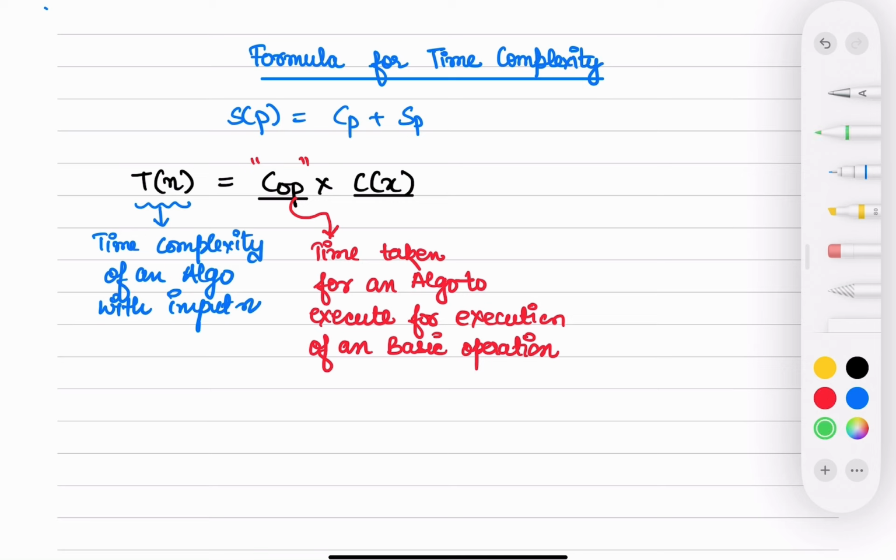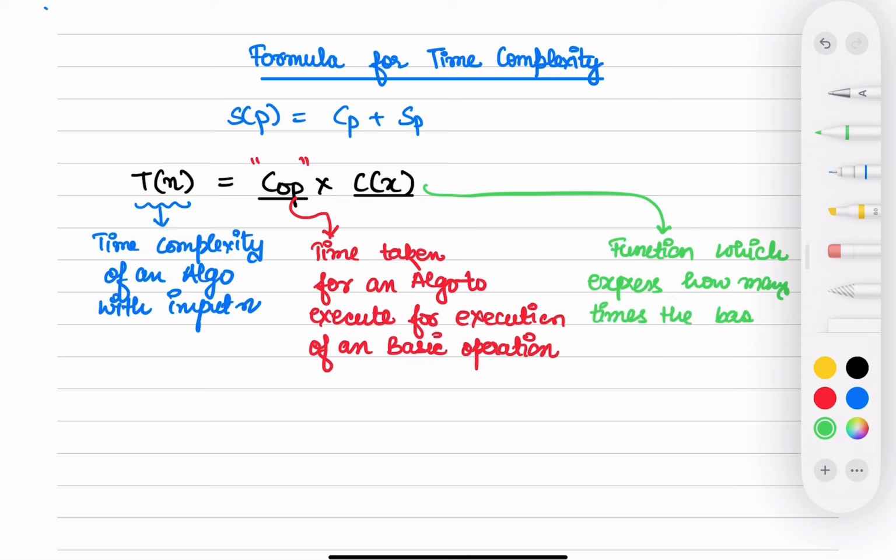And what will C of n represent? C of n will represent a function which expresses how many times the basic operation is being executed.